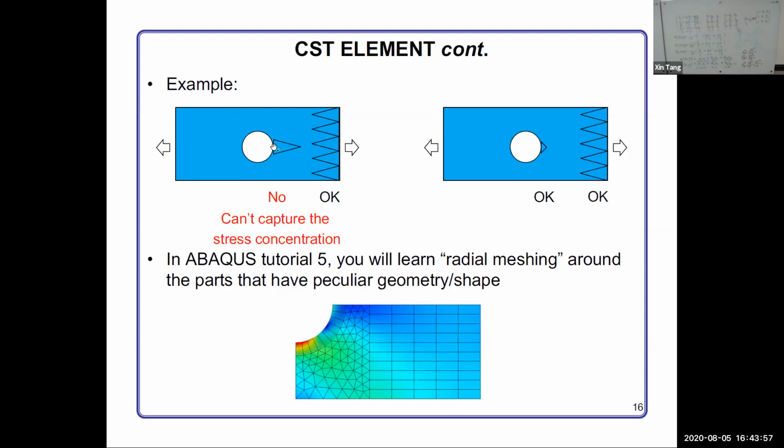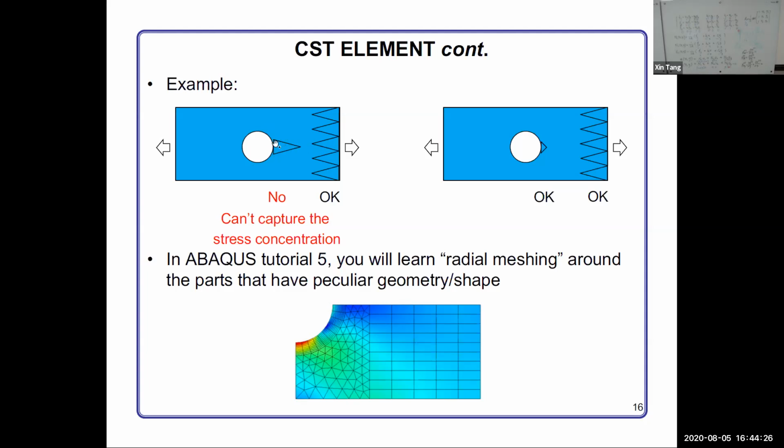That means within this element, stress close to the circle equals the stress farther away from the hole. That will cause some trouble because stress concentration exists locally here and gradually decays as the distance gets further away from the circle.